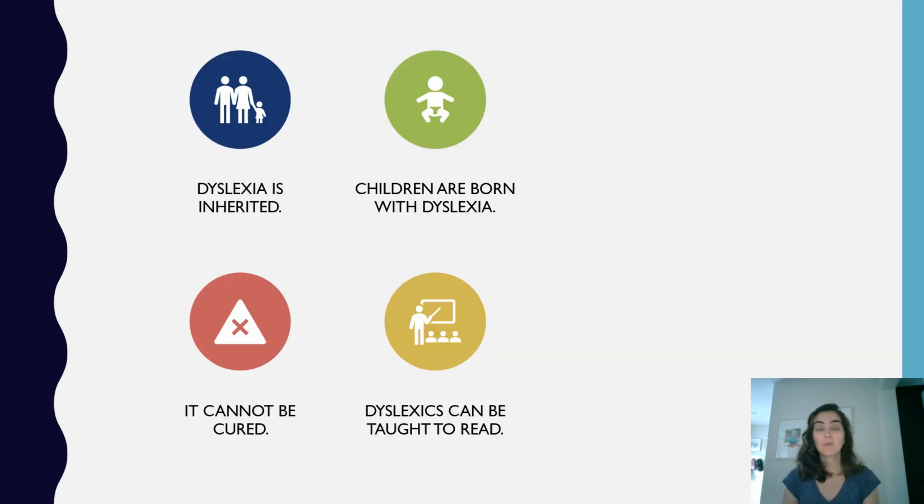So as we wrap up the piece of the definition that talks about dyslexia being neurobiological, I just want to make some final points about that. Dyslexia is inherited, so often in other parts of the family tree, parents, aunts and uncles, cousins, we might see other people who struggle to some degree with reading and writing, and it might not present itself identically.